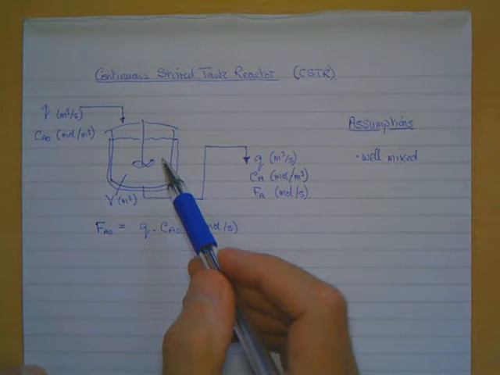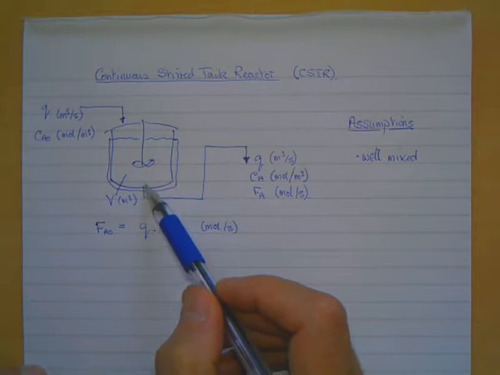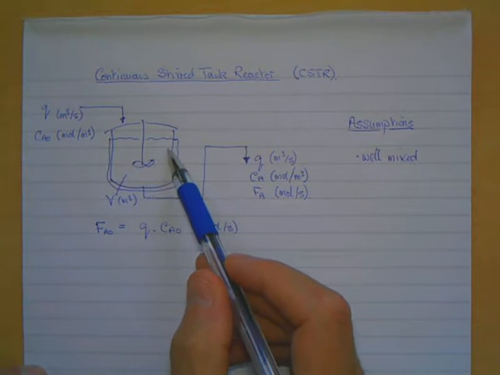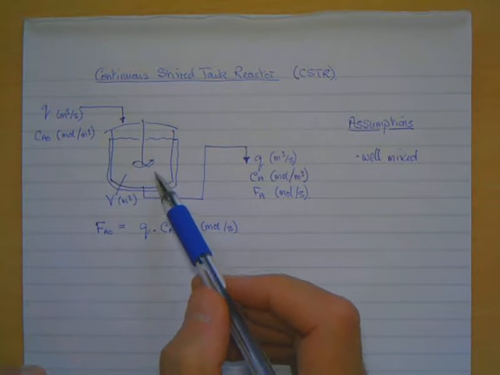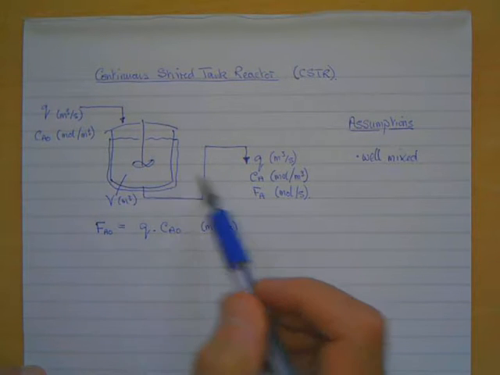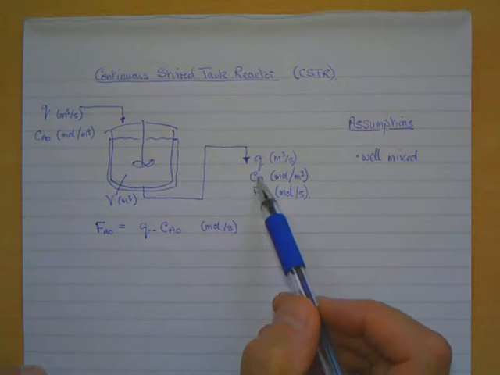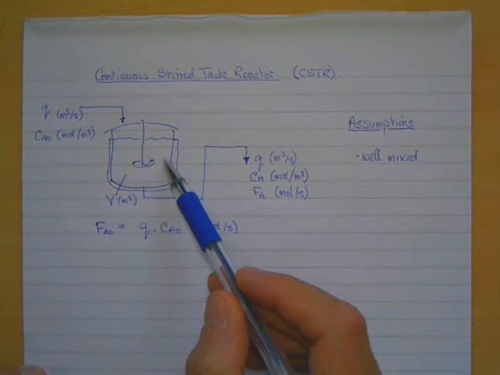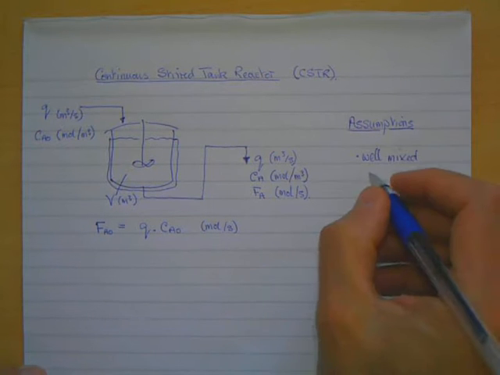And the consequence of that is that we're withdrawing the output stream. It may be from the bottom of the tank, maybe from the side, on a side arm, but wherever it comes from in the tank, the composition of the output stream will be the same as the tank contents. So this concentration Ca in the output is representative of the composition of the contents of the tank, and that's because the tank is well mixed.